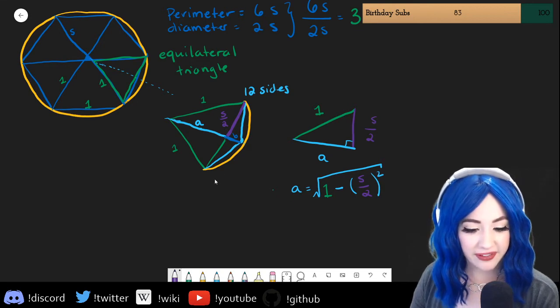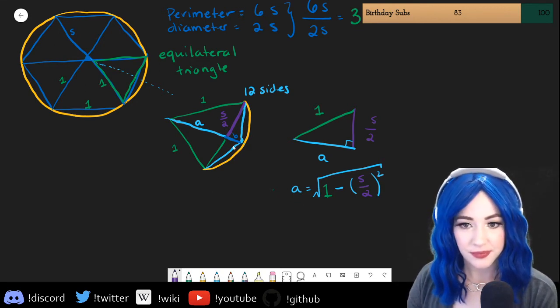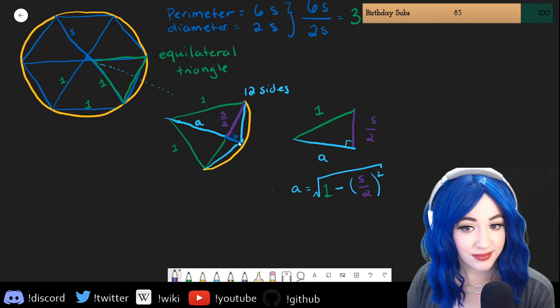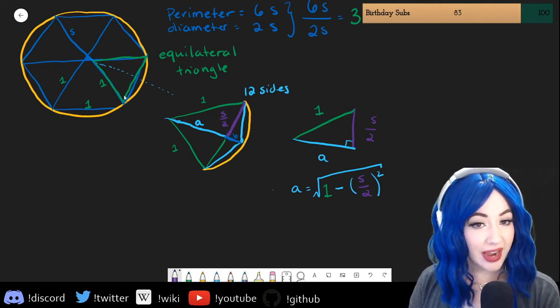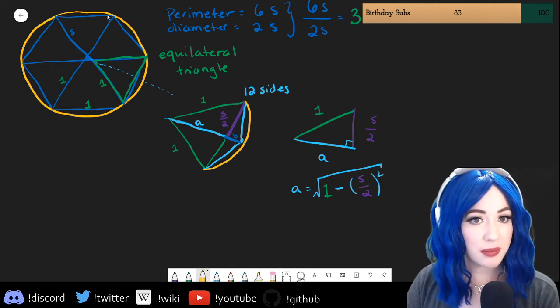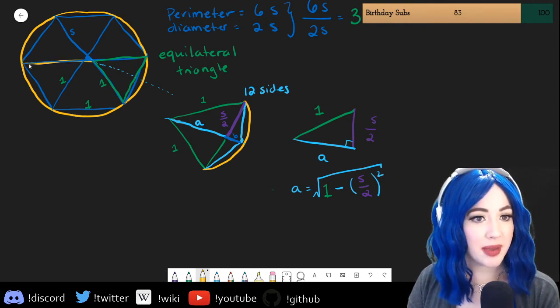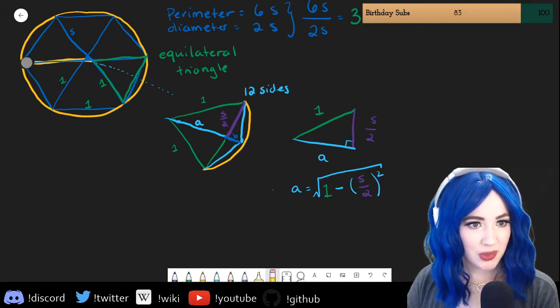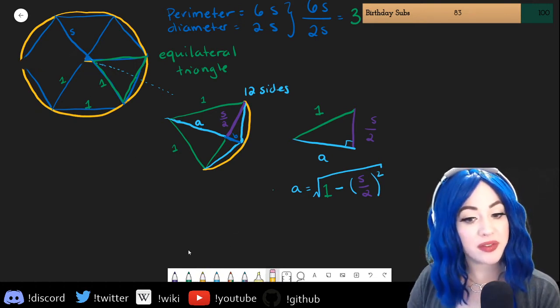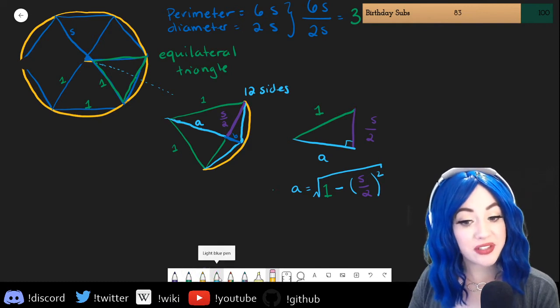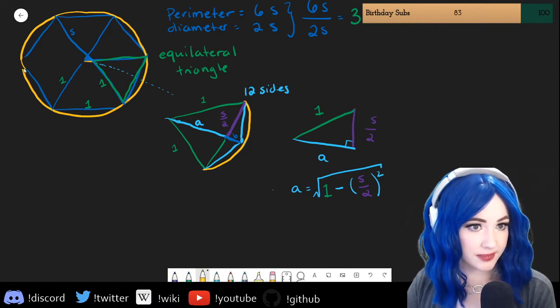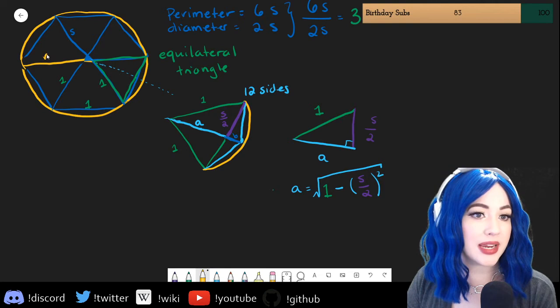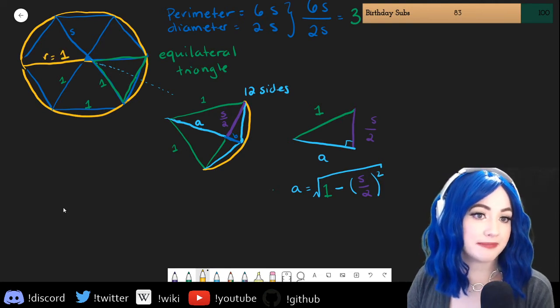Now we need to figure out what B is. Now, as we've defined in our problem, we are curious about this circle that we've drawn, and as we've defined it, to make our lives easier, the circle has a radius equal to 1.